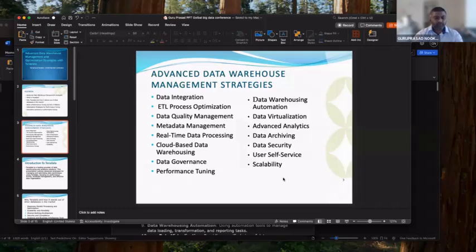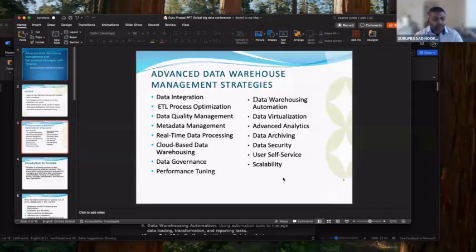And also performance tuning, like optimizing query performance using indexing, partitioning, and data caching techniques. I would like to go through performance tuning in detail in the next slide, which is very important for the database administrator and for any database systems.